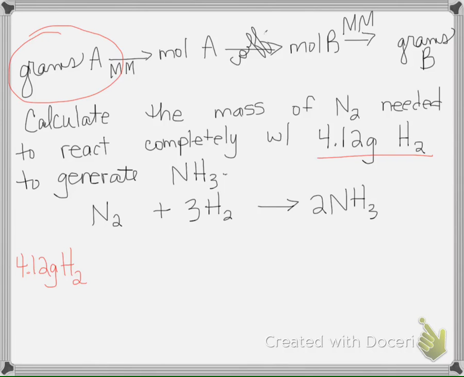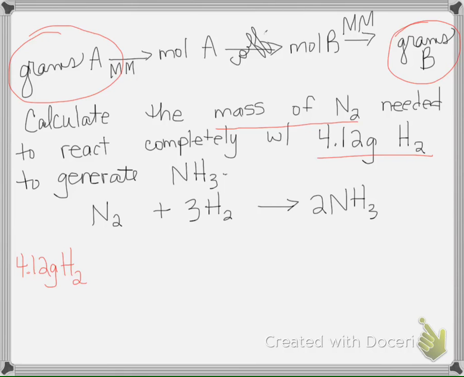What does that problem ask for? It asks for mass of nitrogen. Starts me with grams of hydrogen, which is A, and it asks for grams of nitrogen, which is something completely different. So do you see for this flow chart, I've got to start down there and go all the way through.